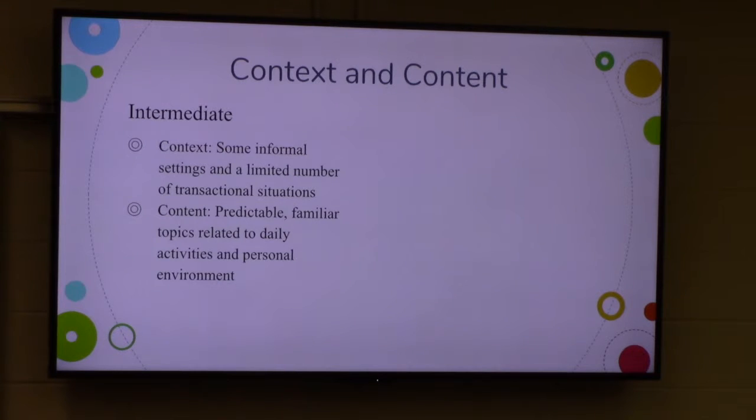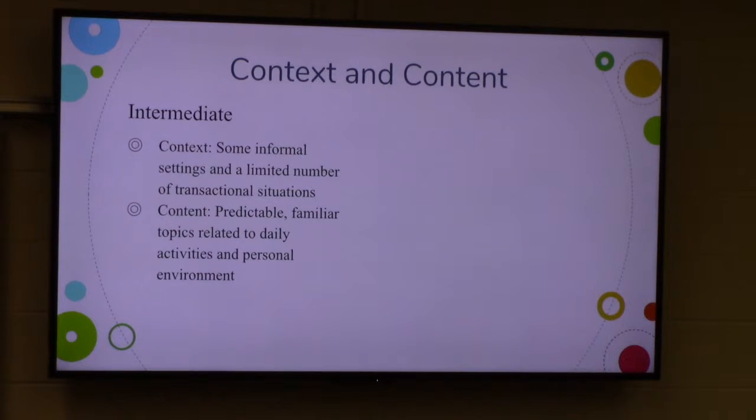For intermediate speakers, they can deal with some informal settings and a limited number of transactional situations or semi-formal situations. And looking at the content, when intermediate speakers produce language, it's usually predictable.